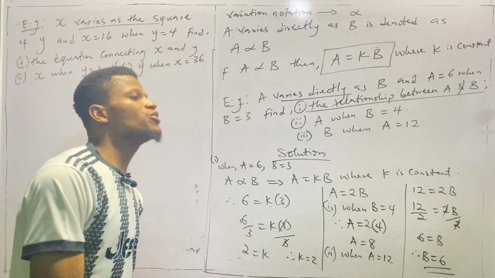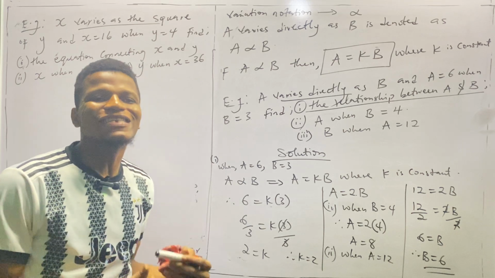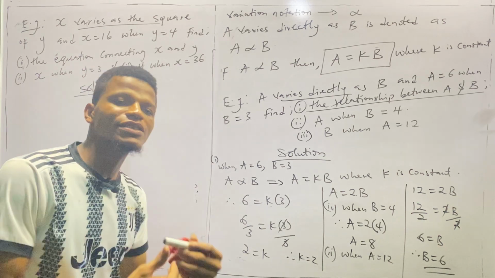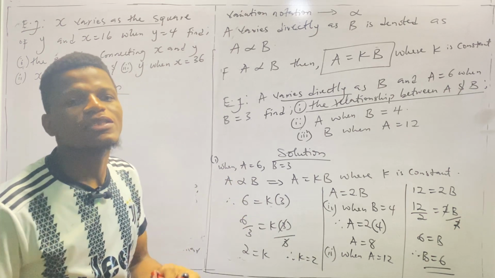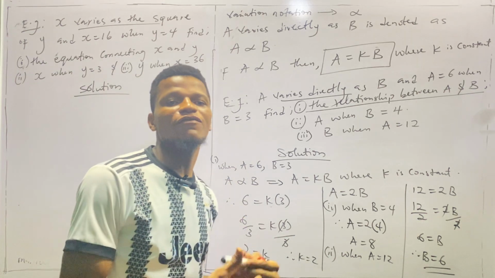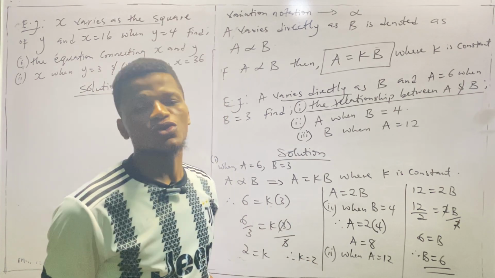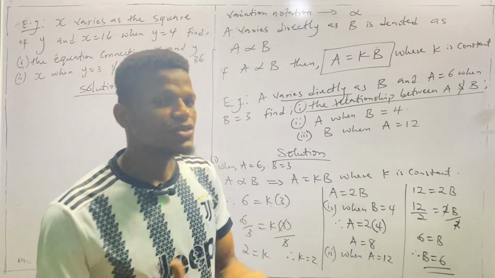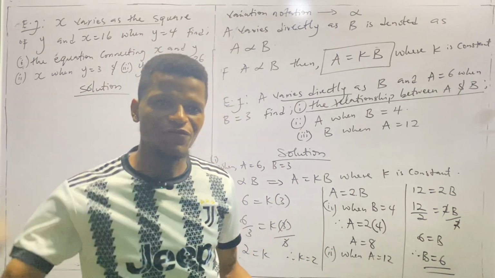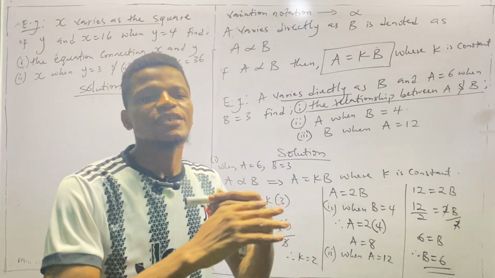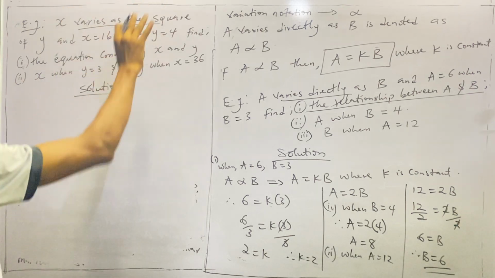So when you hear A varies as B, it means A varies directly as B. Here, T varies as R, it simply means T varies directly as R. So varies and varies directly are the same. If it is inverse, remember a variation in this context can either be direct variation or inverse. So if you did not see the word inverse there, it simply means it is direct variation. Okay, thank you. So this is direct what?